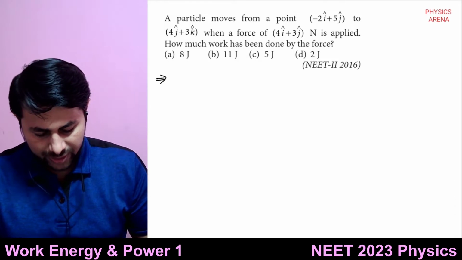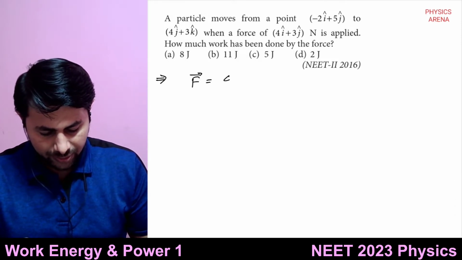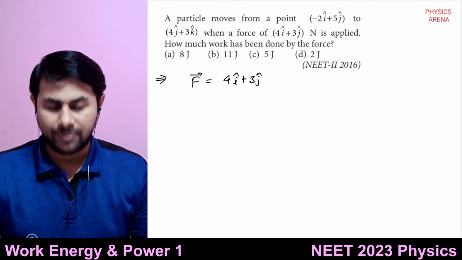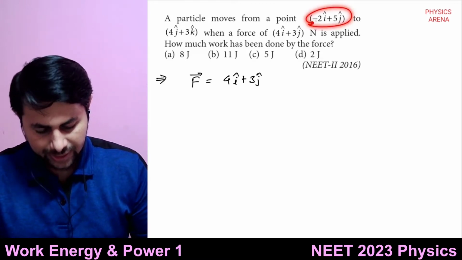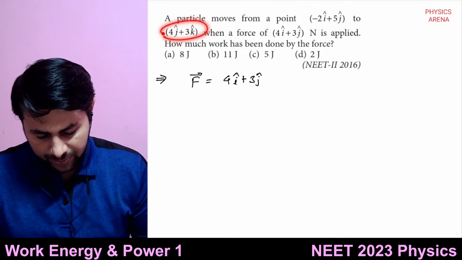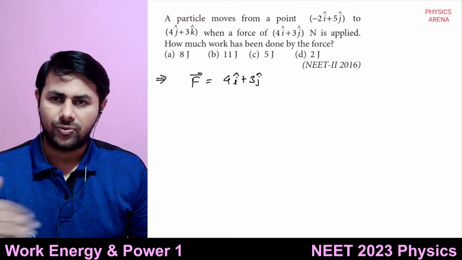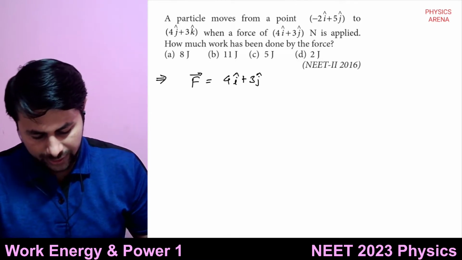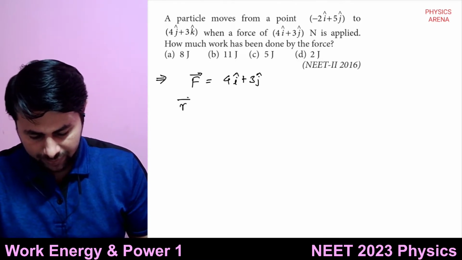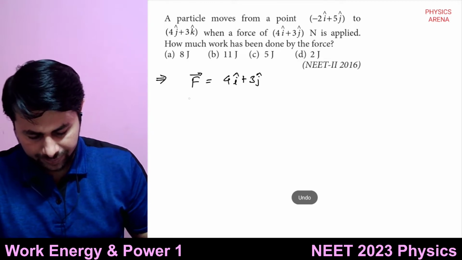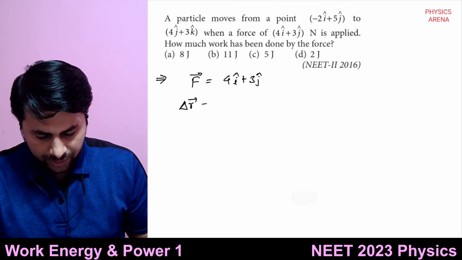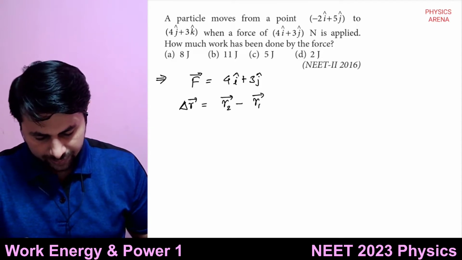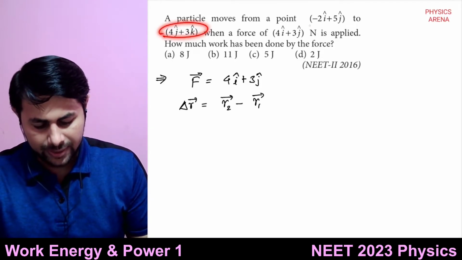So force is given, F bar is equal to 4 i cap plus 3 j cap, and what is displacement? This is the initial position vector, this is the final position vector. So what is displacement? Final position minus the initial position. So displacement, or let's call it delta r bar, is equal to r2 bar minus r1 bar, and this is r2 bar, this is r1 bar.